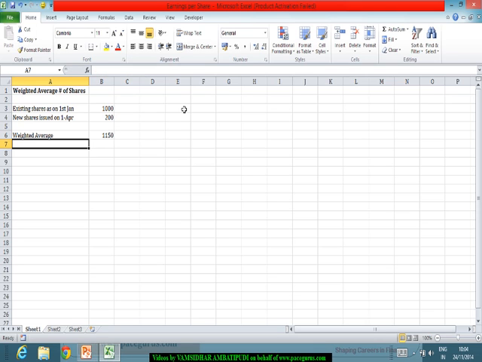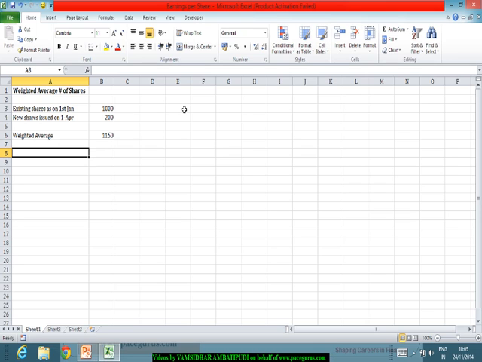So for this period, if I really wanted the weighted average number of shares to compute the EPS, I would have taken 1150. I can't take 1000, I can't take 1200. I'll take the weighted average number of shares to compute the EPS, whether it is basic or diluted.